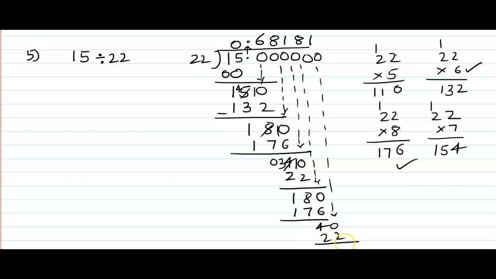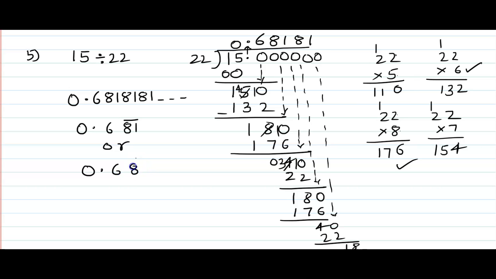And 40 take away 22 is 18. So if you see here, 81 is repeating, so we can write it down as 0.681, then 81, then 81 and so on. So this should be your answer. 0.6, 8 and 1 are repeating, so you can write it like this. If you don't want to write it like this, you can write 0.6, 8 dot and 1 dot. So that should be your answer.